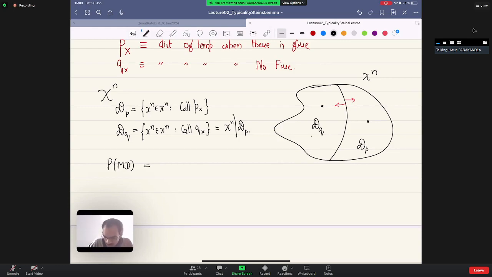Dq is the set of all those sequences where you call Q. Call Q means no fire, let people live. This is when you call P. The probability of misdetection is, under the law P, you fall in Dq. So there is actually a fire, so the data that you're getting is according to the distribution P, the temperature, but you end up falling in Q. That's your misdetection.